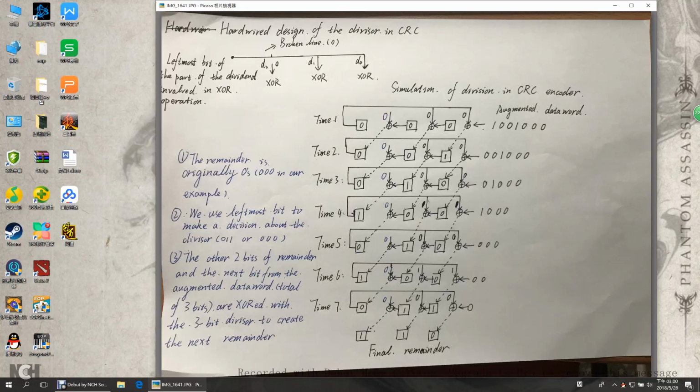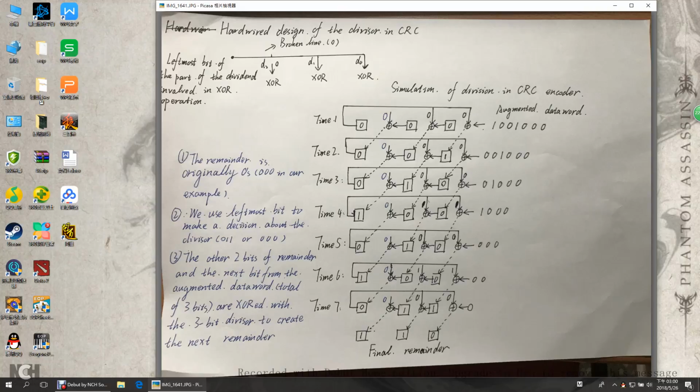So at time 2, the divisor is 0, 0, 1, and at time 3, in the same process, we can see the divisor is 0, 1, 0, and so on step by step. In the end, we can see the final remainder is 1, 1, 0.